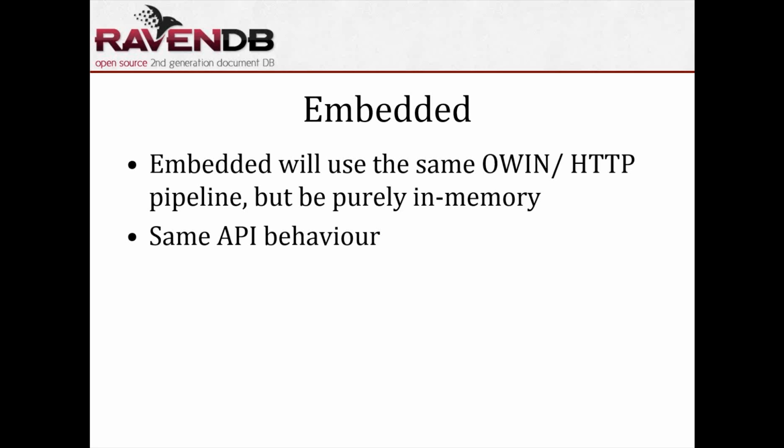It won't use an HTTP listener, but this brings full functionality, the exact same pipeline, exact same surface area, and a reduction in the number of NuGet packages to work from an embedded version, as well as running it as a service or running it within your web application.